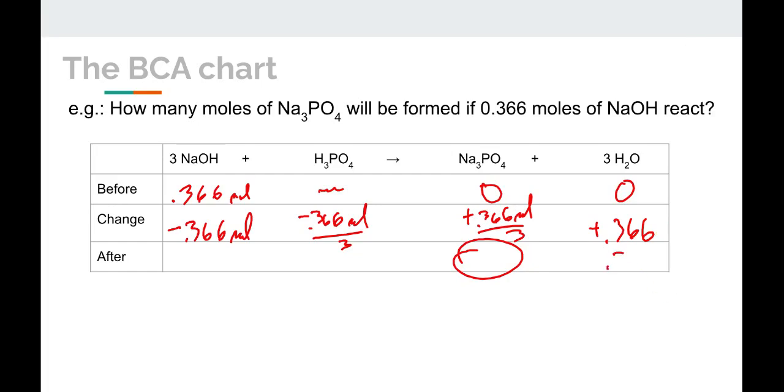So in the end, we will have 0.366 moles of water, and if we take 0.366 and divide it by 3, we get 0.122 moles. That's how many moles of Na3PO4 we would get when we're done. We won't have any NaOH left, and we still won't know anything about the H3PO4.